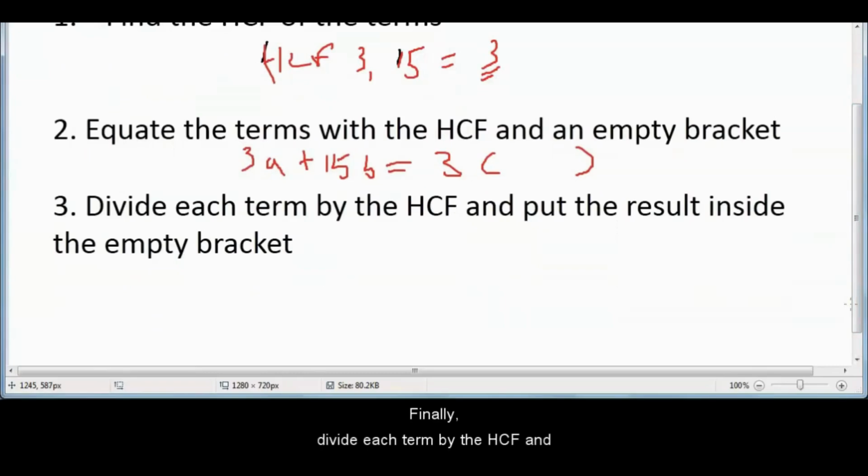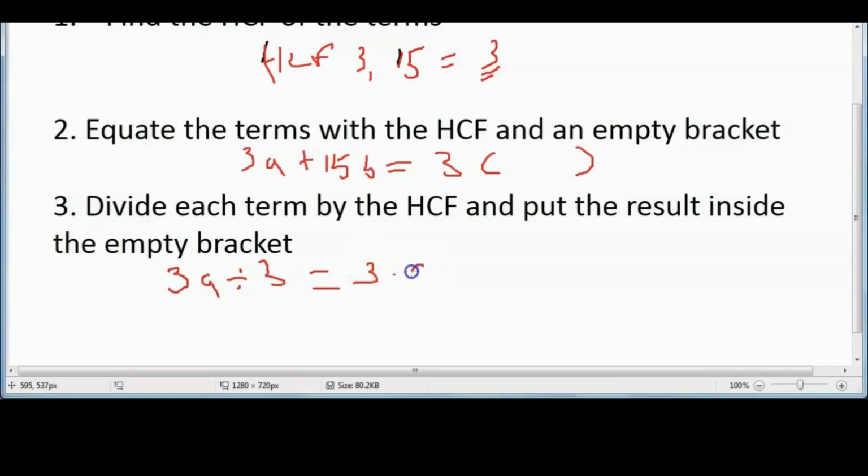Finally, divide each term by the HCF and put the result inside the bracket. So starting with 3a divided by the HCF, it can be written as 3a over 3. 3 here 1, 3 here 1.